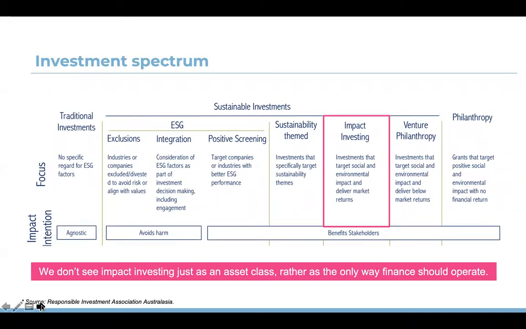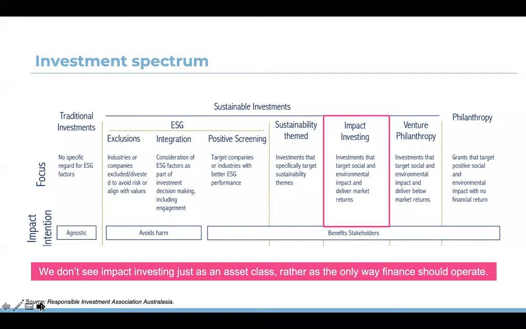Then we have the broader sustainable investments world, which is divided into the more formal ESG investing, which stands for, as I said, environment, social, and governance issues, where you have the lightest touch, exclusion. So, investors that exclude specific companies or sectors to avoid risk or because they're misaligned with their values.